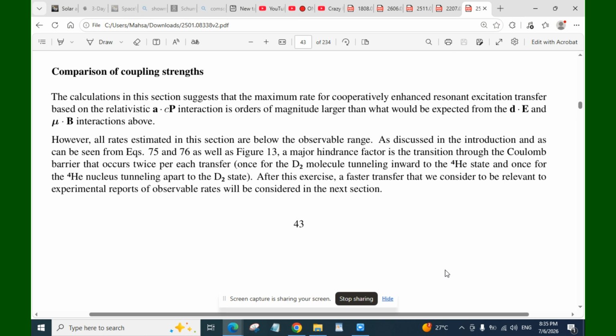However, all rates estimated in these sections are below the observable range discussed in the introduction, and as can be seen from equations 75, 76, as well as figure 13, a major hindrance factor is transition through the Coulomb barrier that occurs twice per each transfer, once for the deuterium-deuterium molecule tunneling inward to the helium-4 state and once for the helium-4 nucleus tunneling apart to the deuterium-deuterium state. After this exercise, a faster transfer that we consider to be relevant to experimental reports of observable rates will be considered in the next sections.